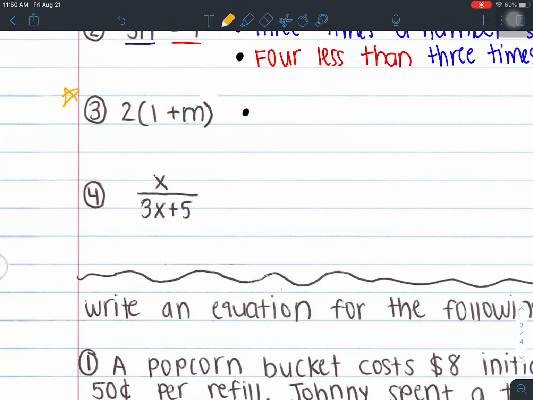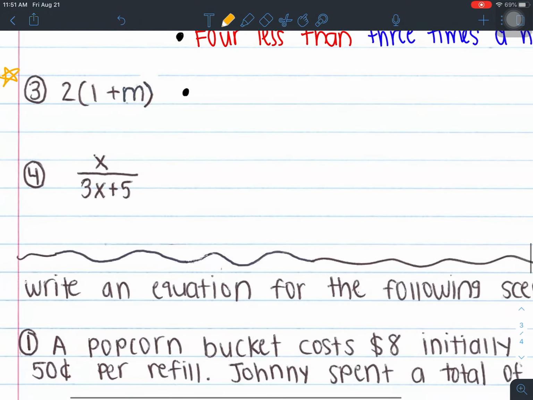I am going to put a star next to this one because this one is important. Now let's go ahead and break this down, right? So the first thing I notice is, hey, I have parentheses here. How do I say I have parentheses in math? So remember earlier I said twice the sum, twice the difference, twice the quotient. That's when I know that I'm going to have parentheses. So the parentheses are going to be indicated by me saying twice the, okay?